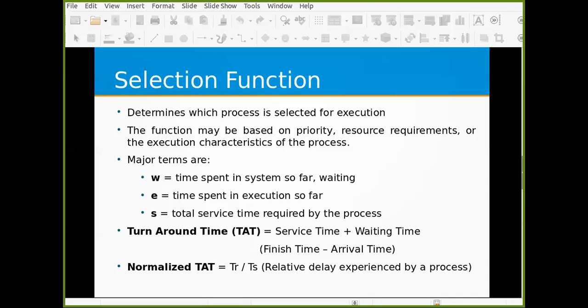Then there is normalized turnaround time also, that is TR, normal turnaround time divided by service time. Again, these are some mathematical calculations that we will be discussing more when we discuss a particular strategy. This is just the overview that I am trying to give you.